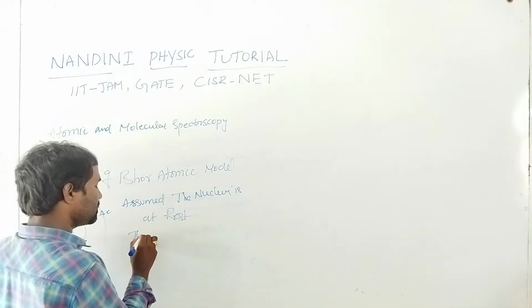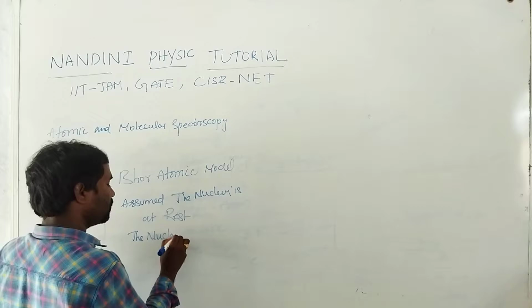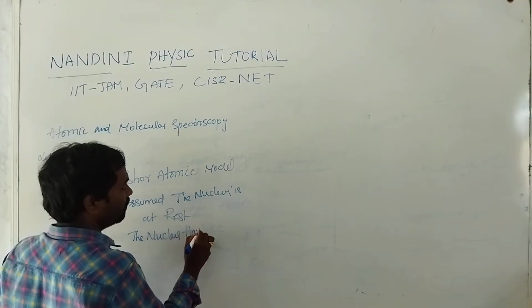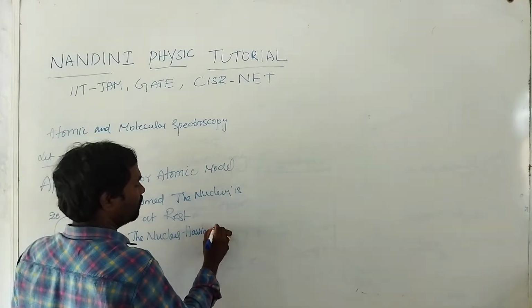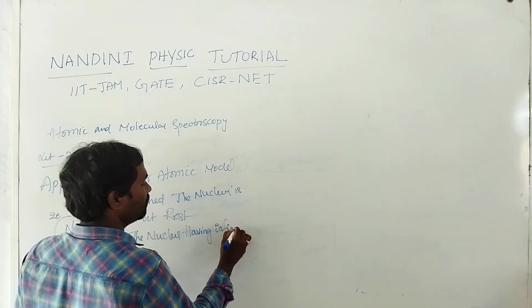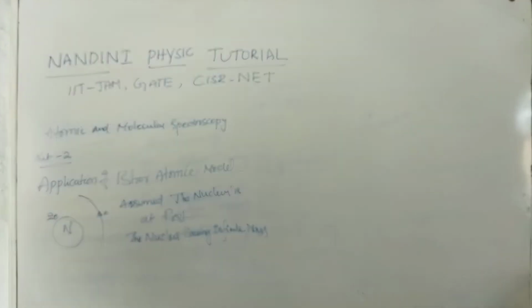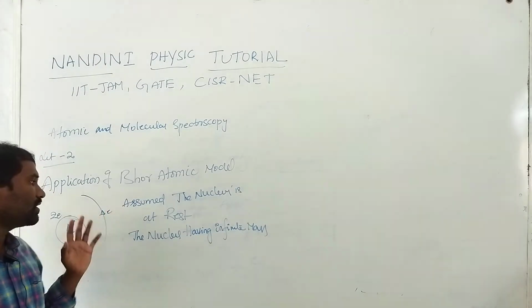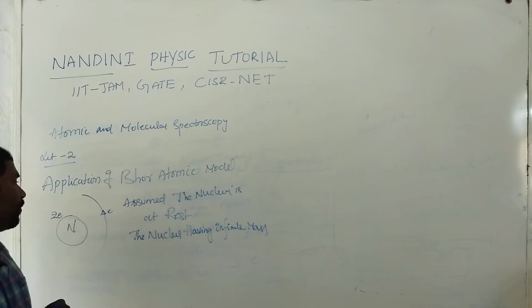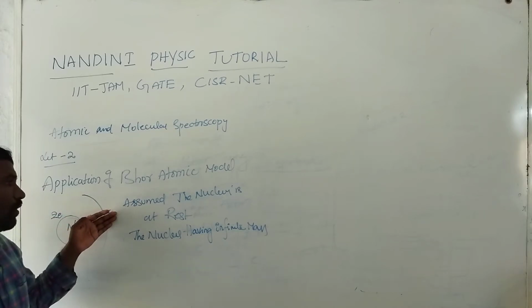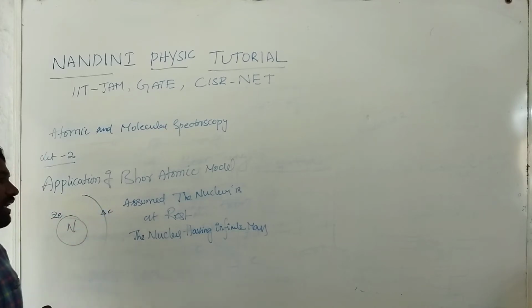So the nucleus has infinite mass. Okay, so these are the assumptions Bohr considered before conducting this experiment. He assumed that the nucleus is at rest and has infinite mass.